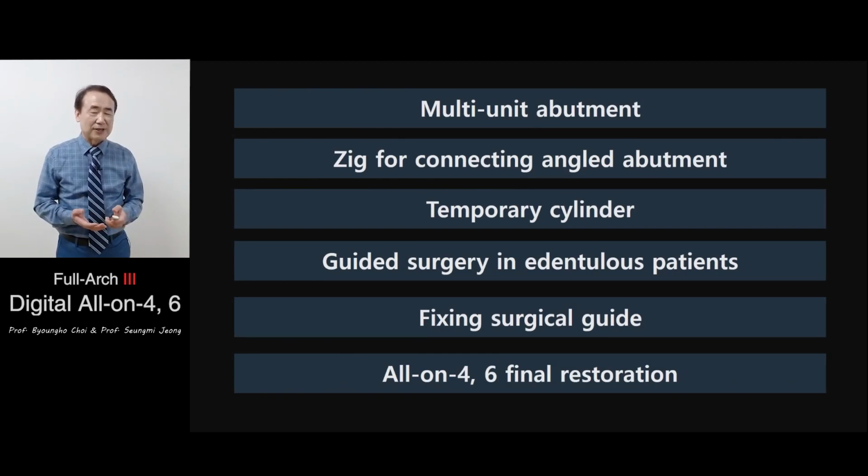I'm talking about many issues today, such as what type of multi-unit abutment is optimal for the procedures, what type of Ziegler is useful for connecting an angulated abutment to a distal tilted implant, what type of temporary cylinder is ideal for the procedures, how to perform guided implant surgery precisely, how to fix a surgical guide accurately.